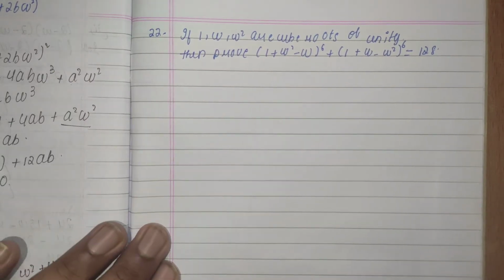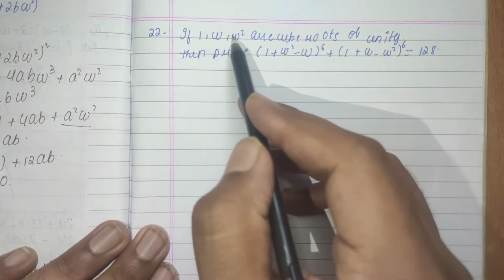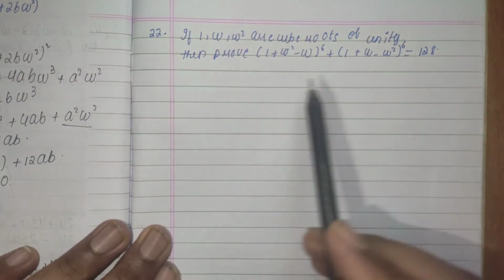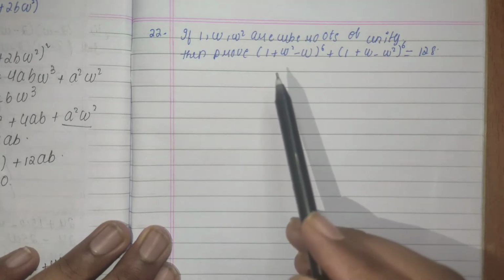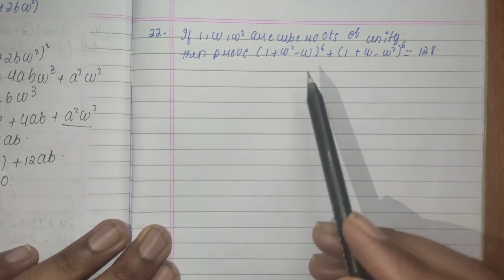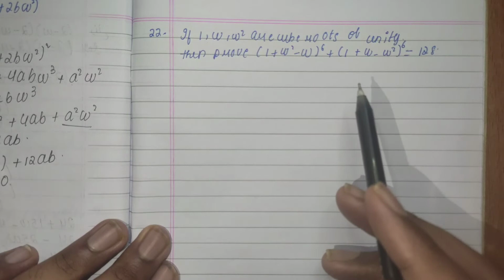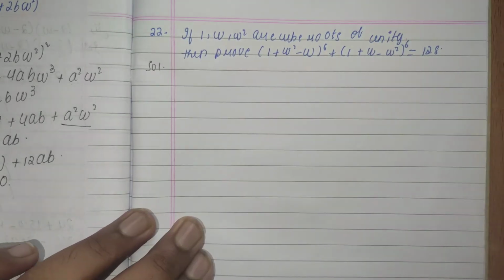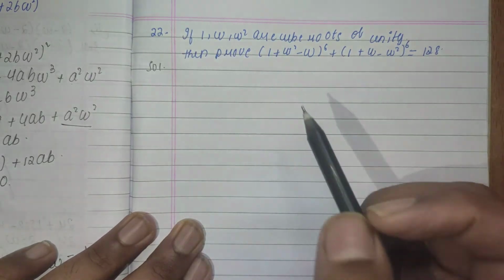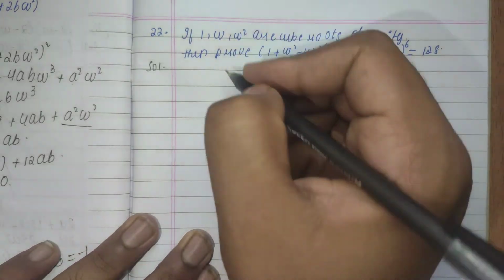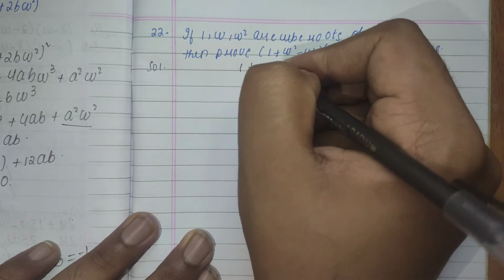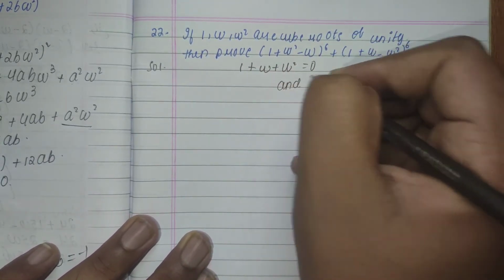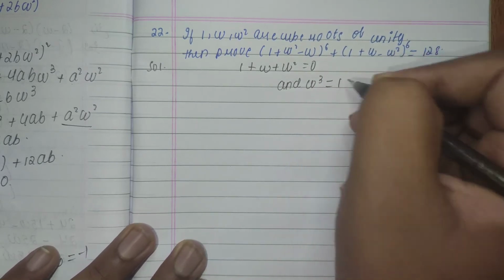So let's go to the next sum, which is given that if 1, omega and omega square are the cube roots of unity, then prove that (1 plus omega square minus omega) whole power 6 plus (1 plus omega minus omega square) whole power 6 is equal to 128. So solution, it is given that 1, omega and omega square are the cube roots of unity. So the condition is 1 plus omega plus omega square is equal to 0 and omega cube is equal to 1.